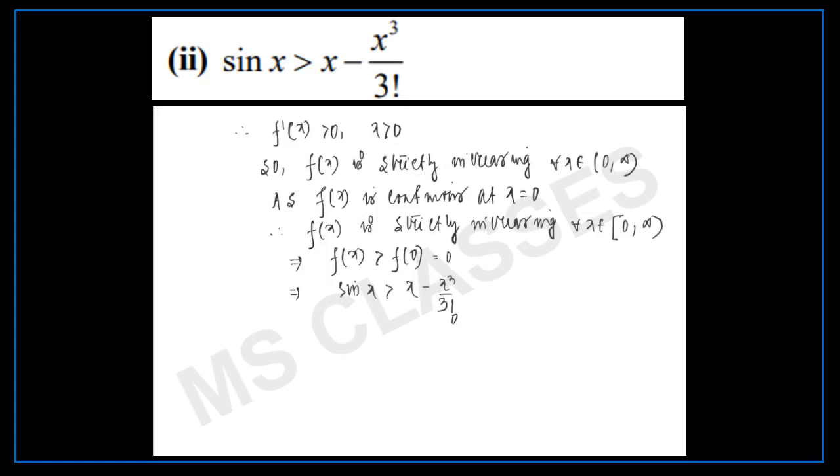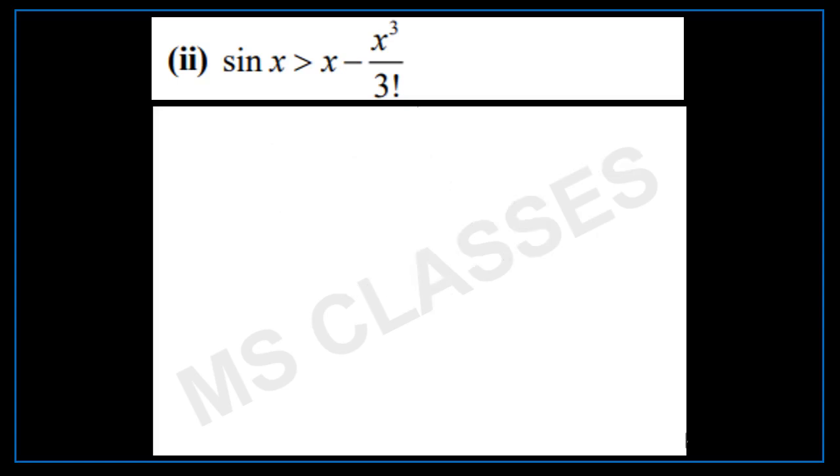We can simplify this one. That is sin x minus x cubed by 3 factorial greater than 0. Since for all x greater than 0, sin x greater than x minus x cubed by 3 factorial.